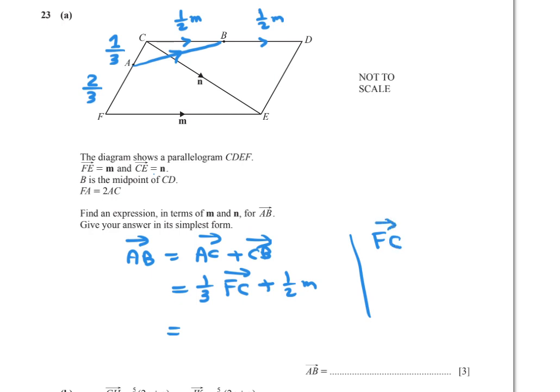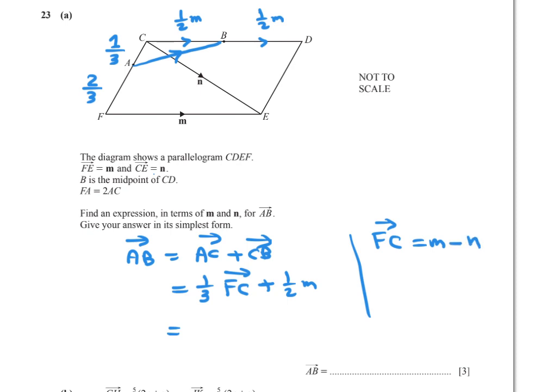The vector FC equals FE plus EC. FE is vector M, plus EC, which is negative N because it is the opposite direction to N. So M minus N. So FC equals M minus N.